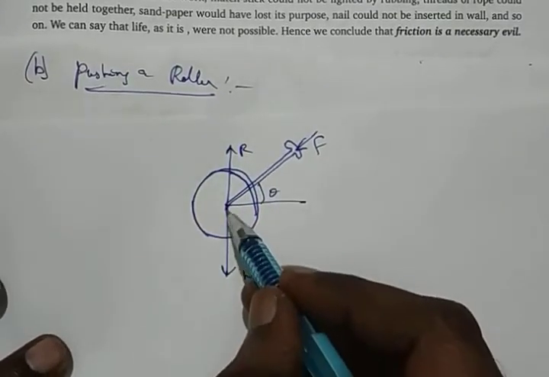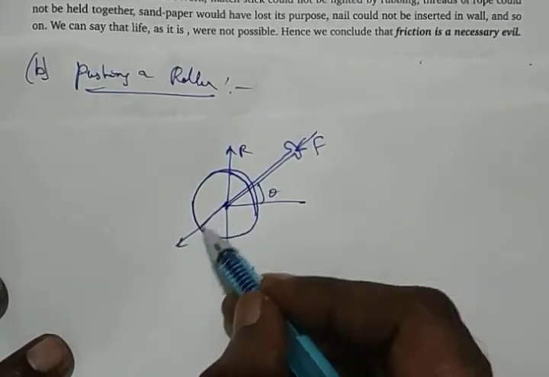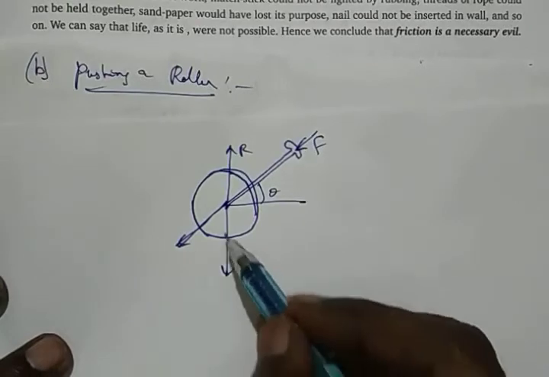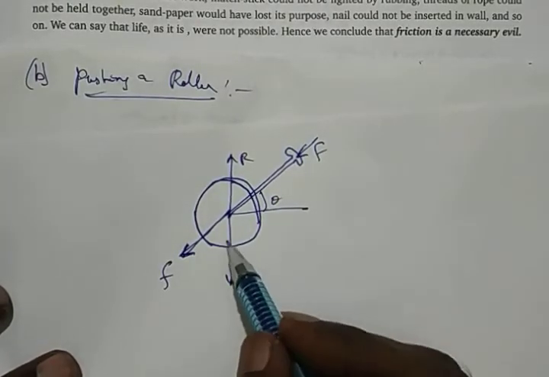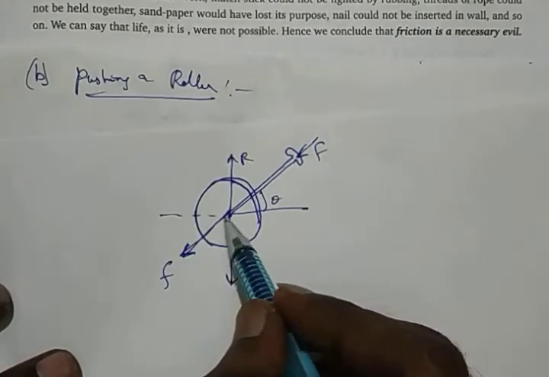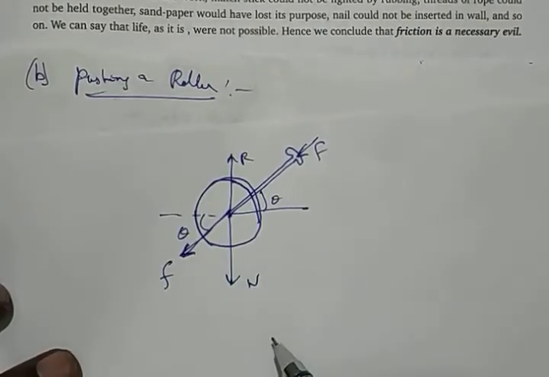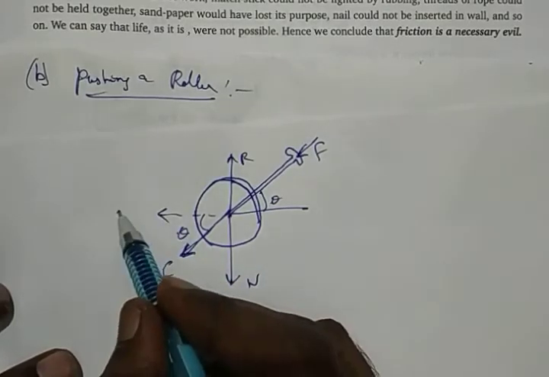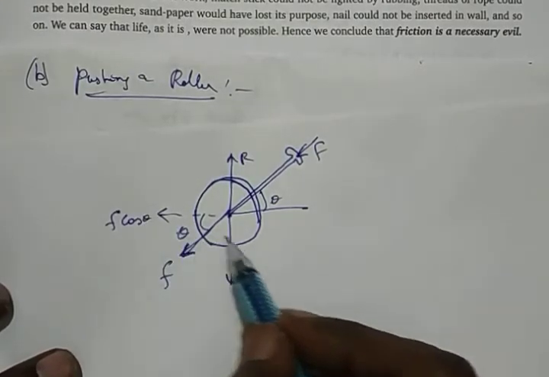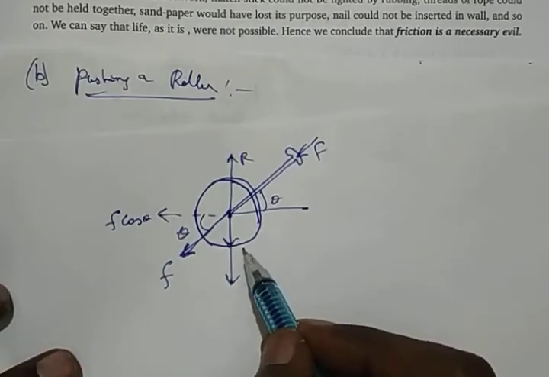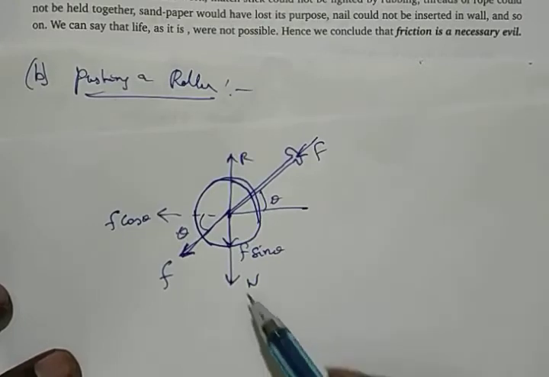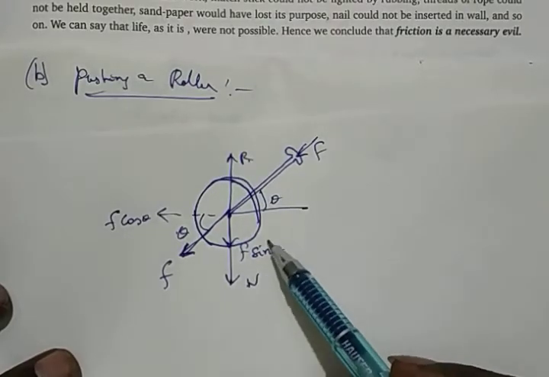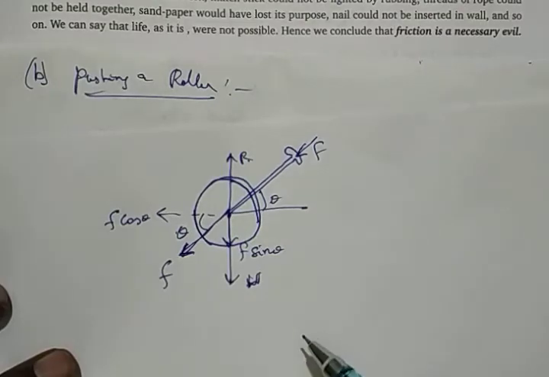R is in this direction. This will go here. Right? When this is going here, this is F. So when this is coming here, this is going to be theta here. Now when theta is here, this is going to be F cos theta. And this one is F sin theta.